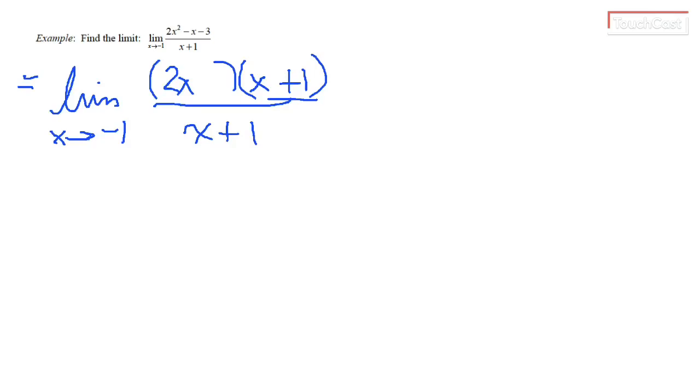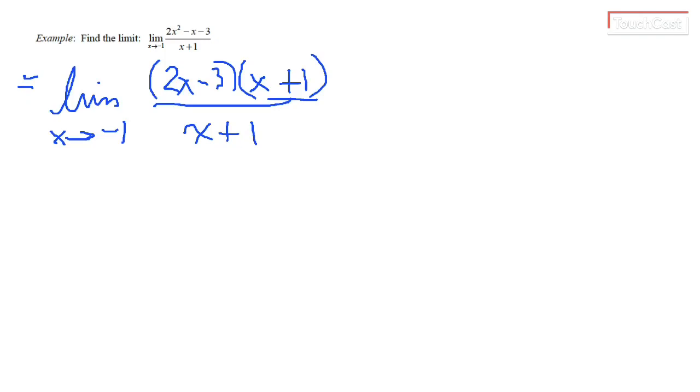Let's just double check: 2x minus 3 times x plus 1. I'm just checking my factoring by multiplying back together. Okay, so that's a correct factorization.